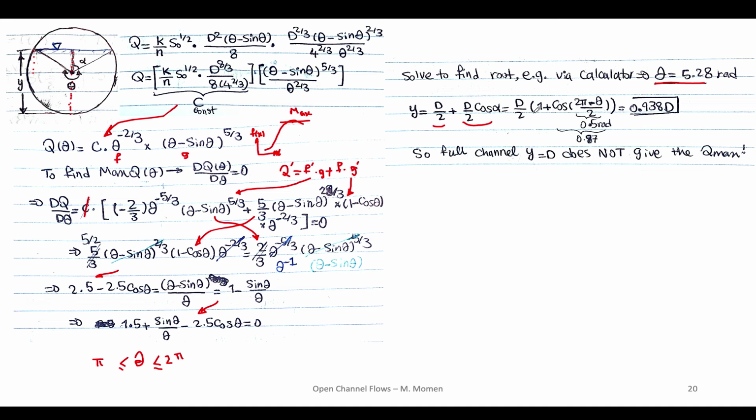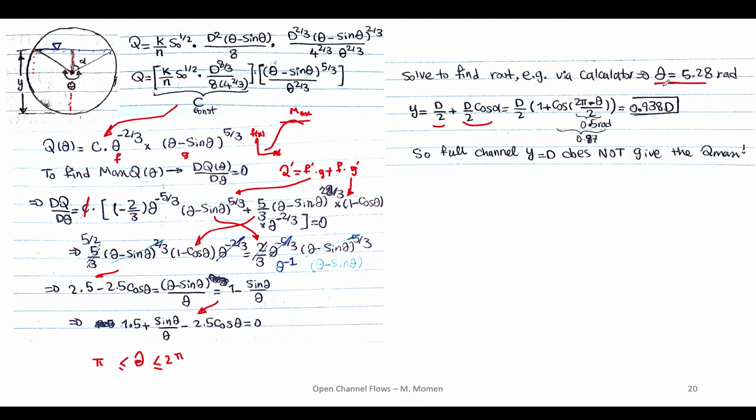So this equals d half times d half plus cosine. Instead of alpha, I write 2 pi minus theta over 2, right? So 2 pi minus theta is going to be 2 alpha, and then I divide by 2 to get alpha.